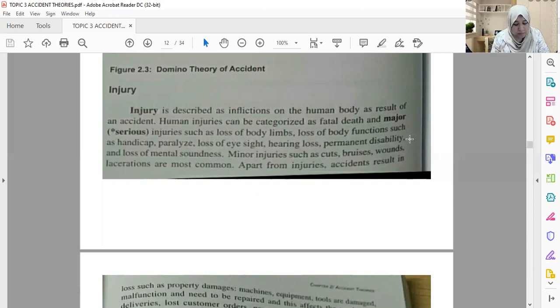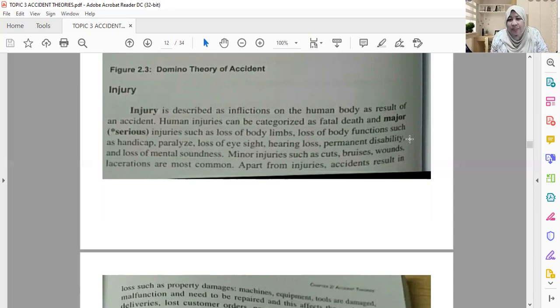Meaning to say, you are trying to make it in a different way, it will go to mental soundness. You are not really able to think in the right manner because of this mental soundness, okay, due to trauma from the workplace.